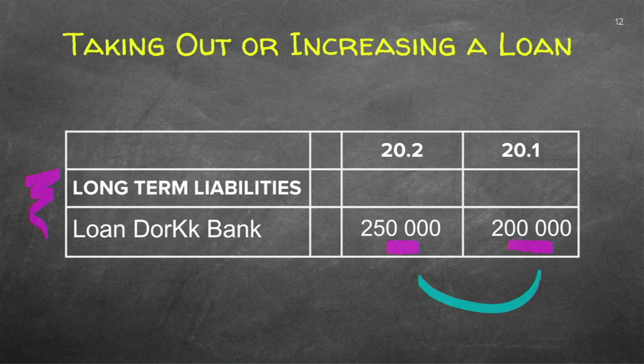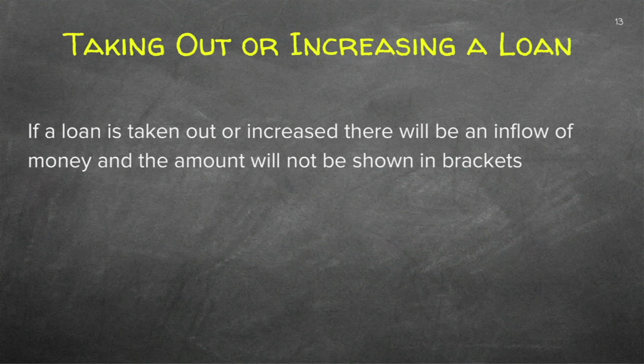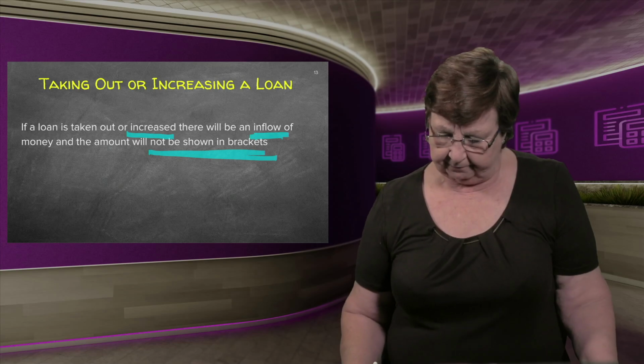So can you see that my loan has increased during the current year? So if a loan is taken out or increased, there will be an inflow of money. And will the amount be shown in brackets or not? No, there will be no brackets in this particular example.